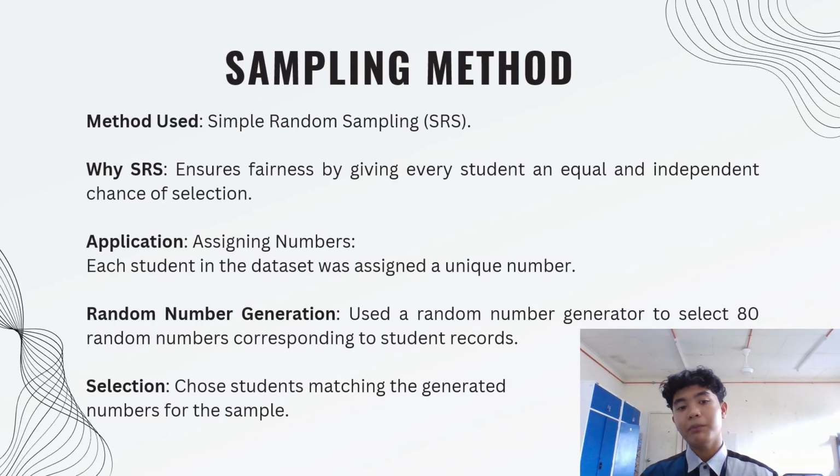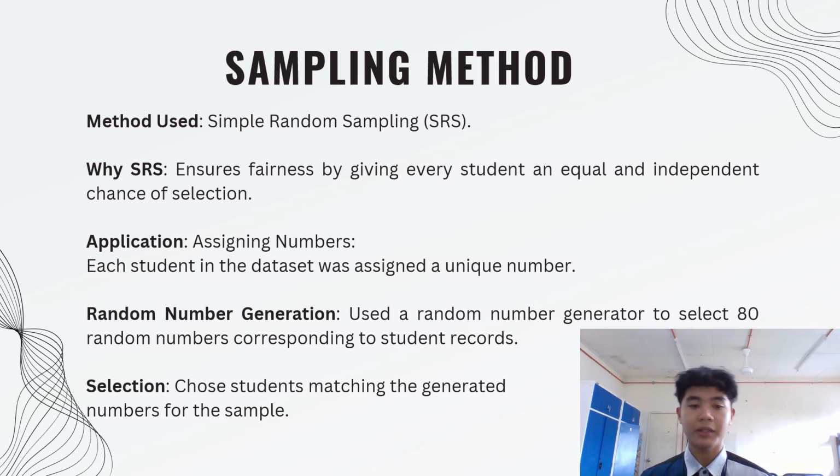We use the simple random sampling, or SRS, method to ensure fairness by giving every student an equal chance of selection. This approach minimizes bias and allows for a more representative dataset, and also for accurate analysis. The process involves 3 steps. The first one, we assign a unique number to each student in the dataset, ensuring every individual is accounted for without duplication.